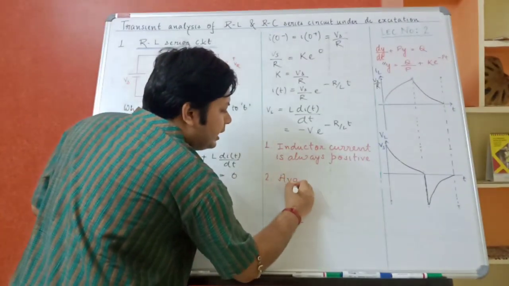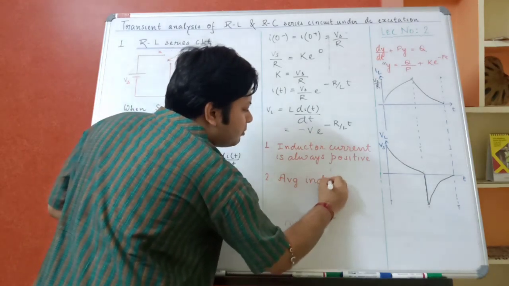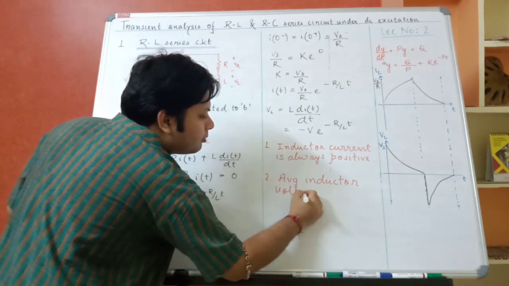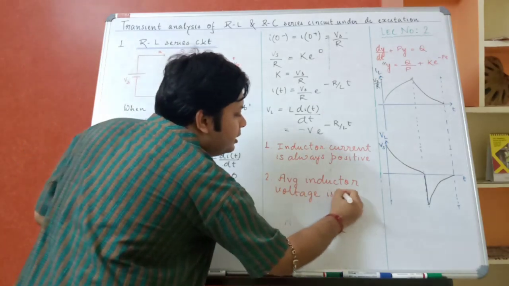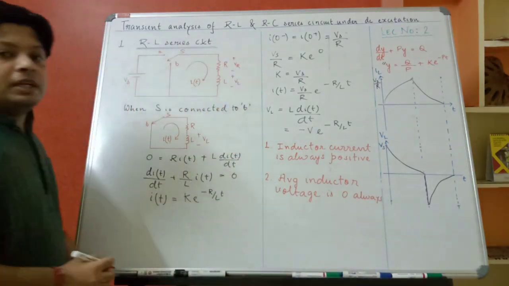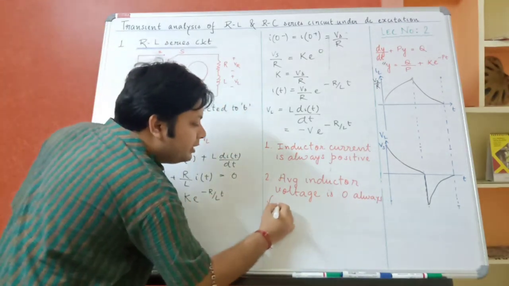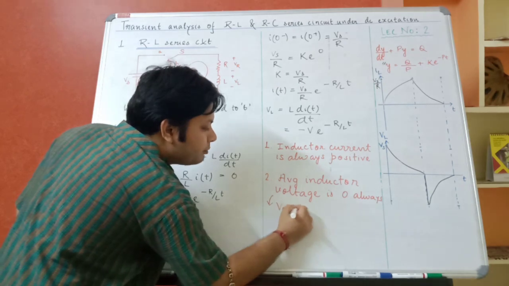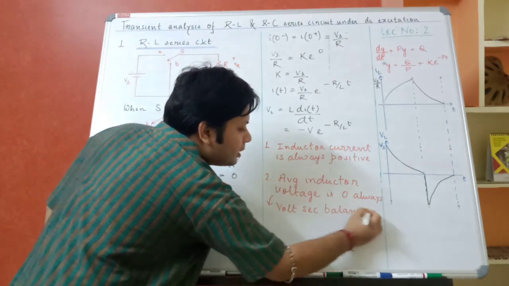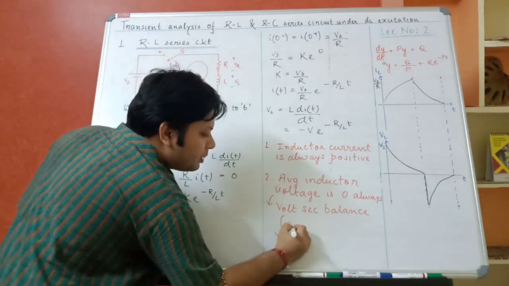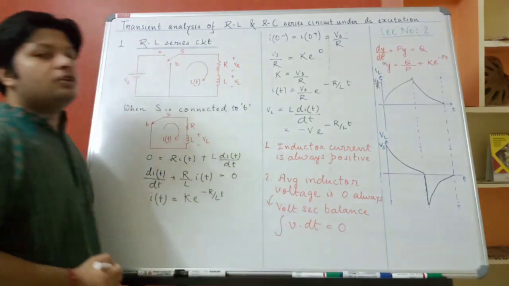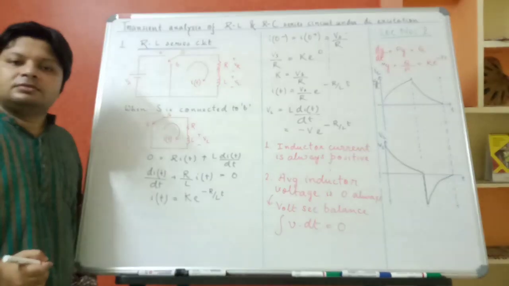So average inductor voltage is 0 always. From here it gives the volt-second balance, that is, the integration of V dt is equal to 0 over an entire cycle.